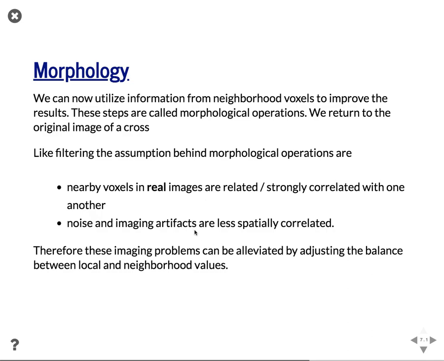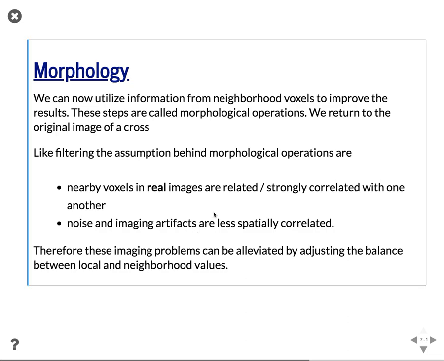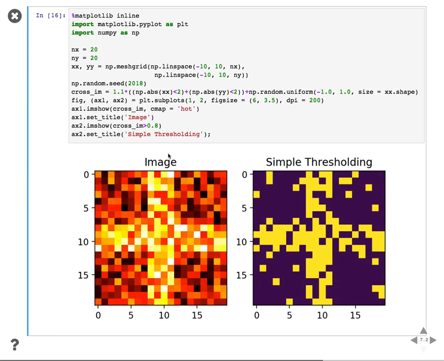And more importantly, noise and imaging artifacts are less spatially correlated. Noise is a random process, so if you include the fact that you expect nearby voxels to be similar, you can help reduce the noise that comes up in images. And so here we'll take this example of this cross, where a simple thresholding has been performed.